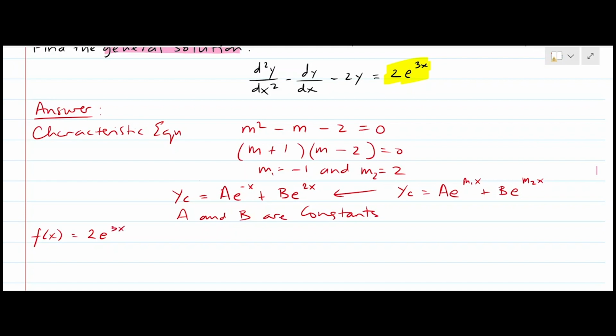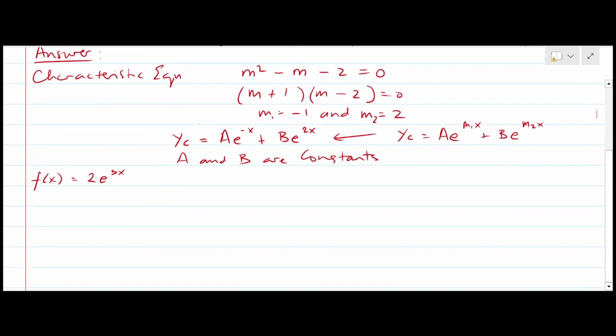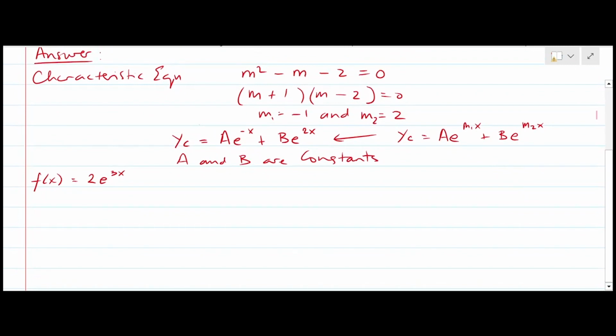The particular solution, or particular integral, will be in the form of x to the power of r times a constant k times e to the power of 3x.